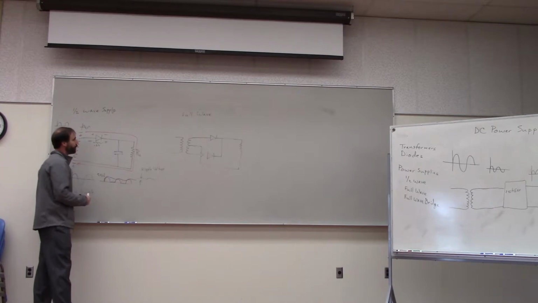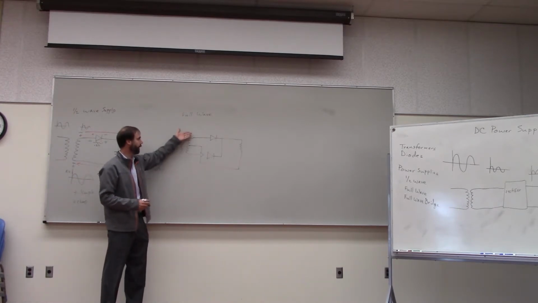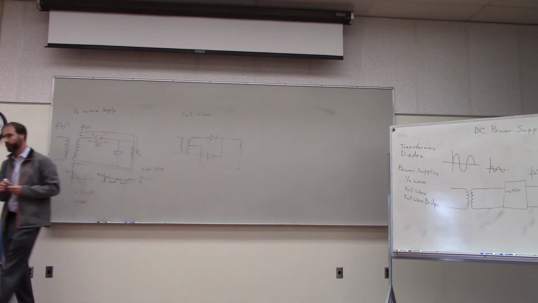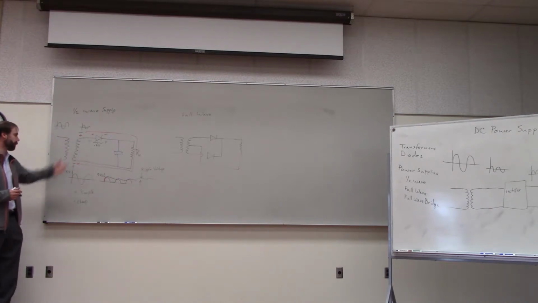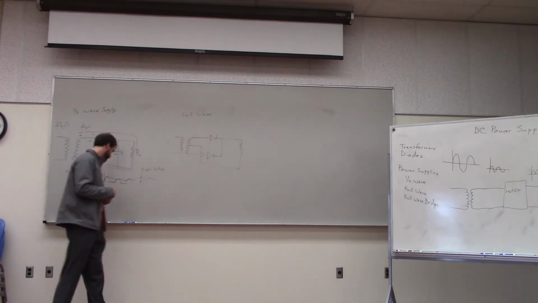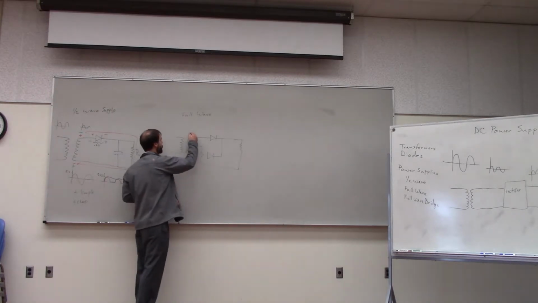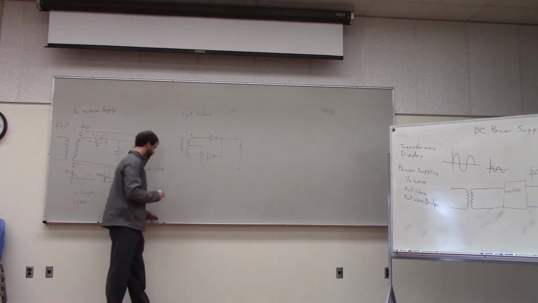And again, we'll look at the case when we have positive voltage up here, and then we'll look at the case when we have negative voltage up there. So on the half-wave, we're not using center-tap? Right, the half-wave does not use the center-tap transformer, but the full-wave does. So, let's look at this case first.